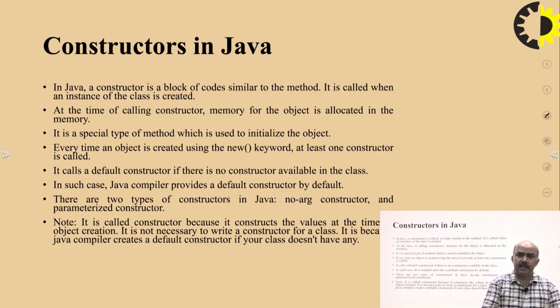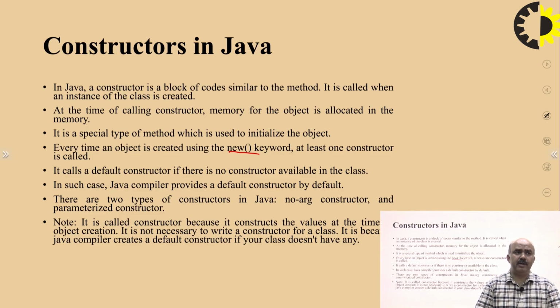Every time we create an instance of an object by using the new keyword, at least one constructor is called. If no constructor is defined by the programmer, Java will provide a default constructor.